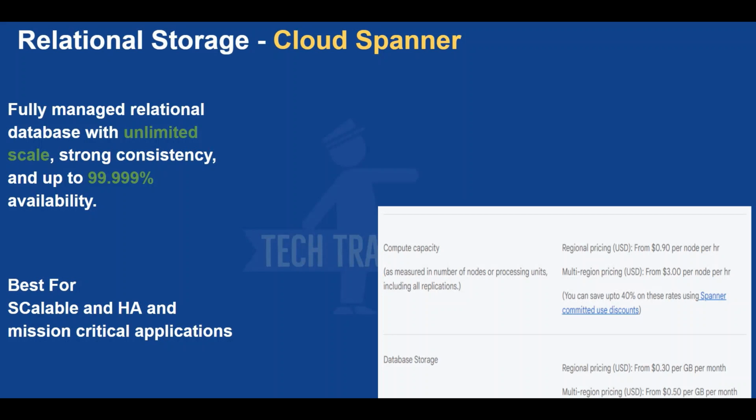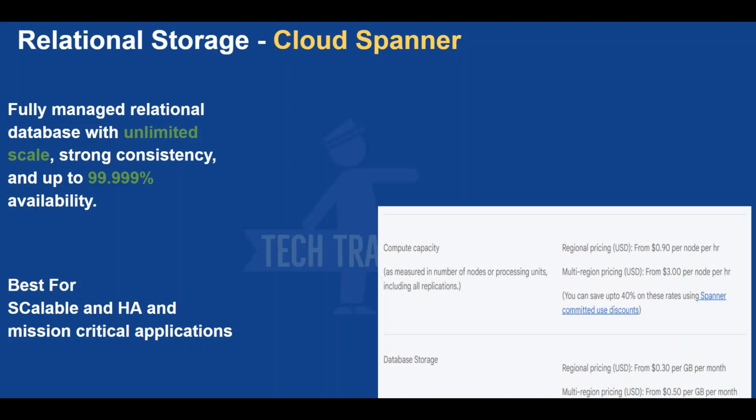It also offers strong consistency. In Cloud SQL, we have seen 99.95% availability, but with Cloud Spanner, Google guarantees 99.999% availability.